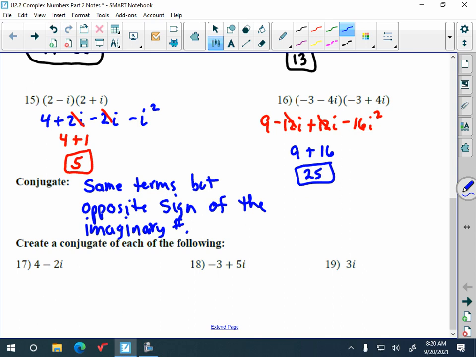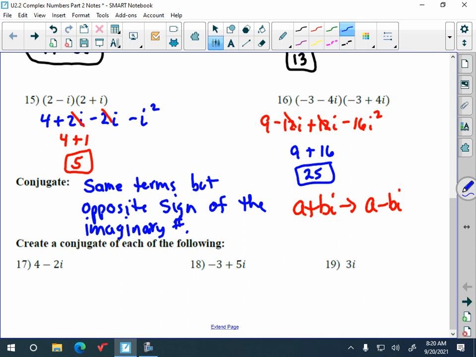All right, so they have the same terms, just opposite signs of the imaginary number. All right, so like 14, 15, and 16, those are called conjugates. Okay, they're special complex numbers. So as far as conjugates go, a plus bi, its conjugate is a minus bi.